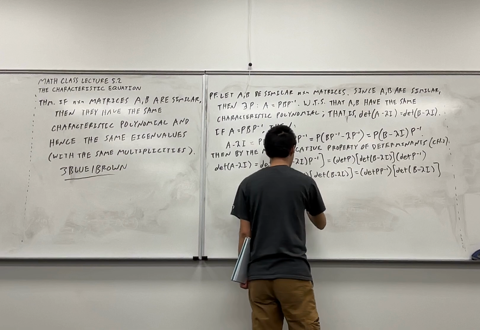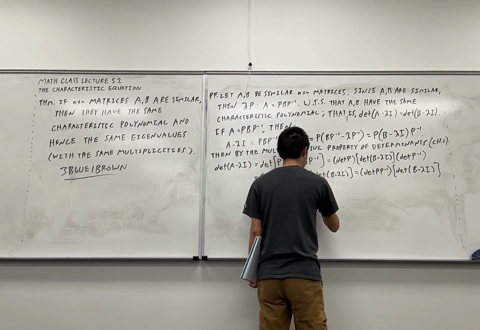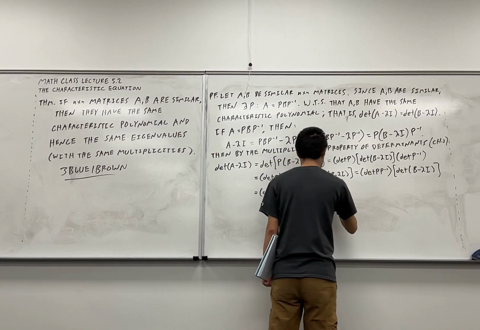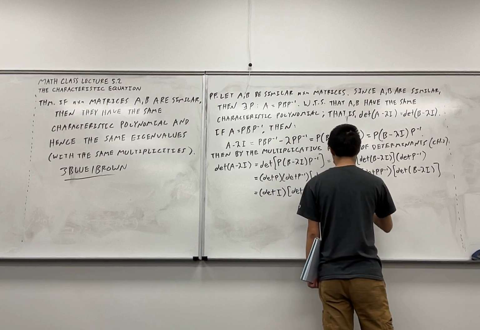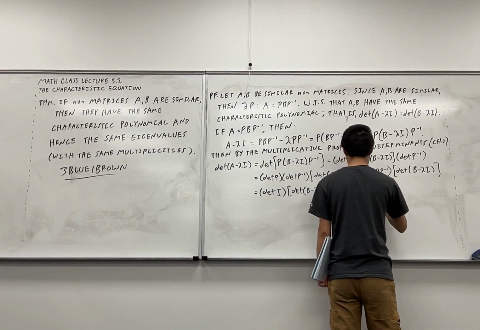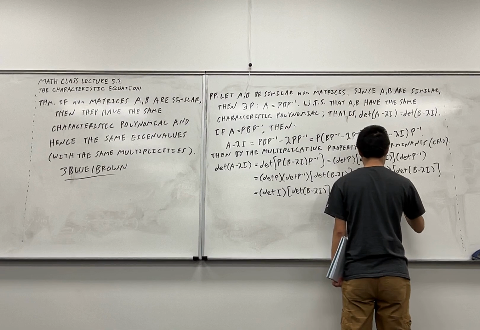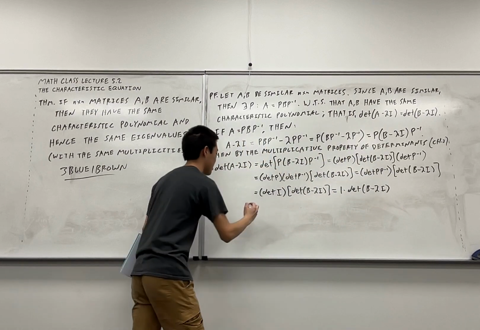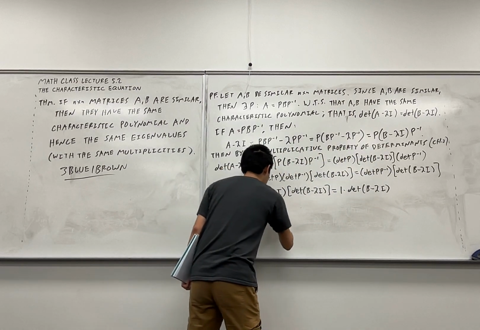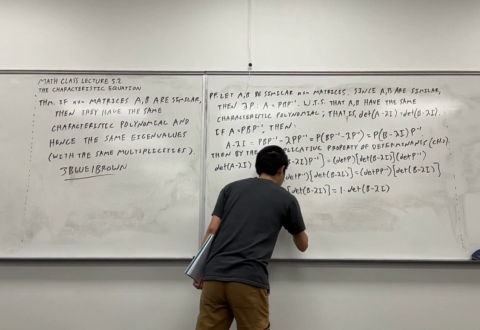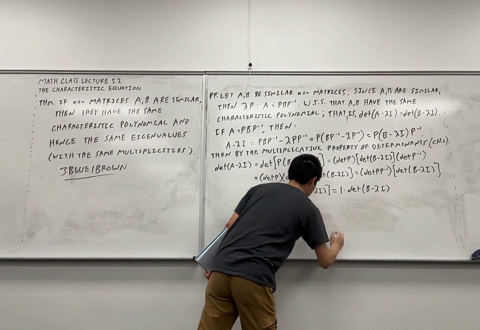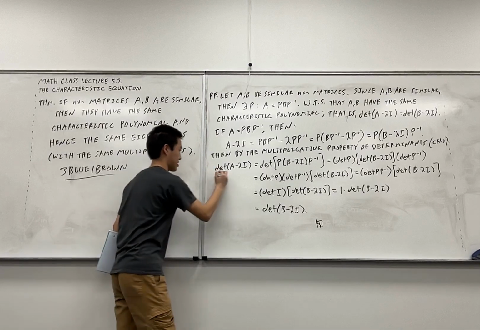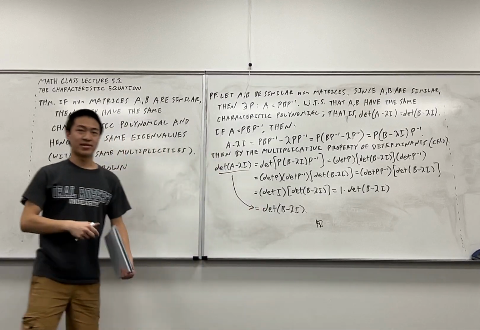The determinant of I times B minus lambda I, which, like he just said, is 1 times the determinant of B minus lambda I, which, fun fact, 1 times anything doesn't change anything, so I have the determinant of B minus lambda I. That is effectively what I'm trying to show, because this is the same exact polynomial.